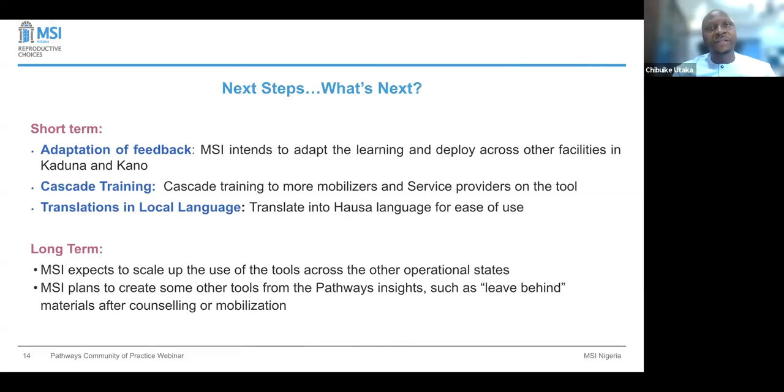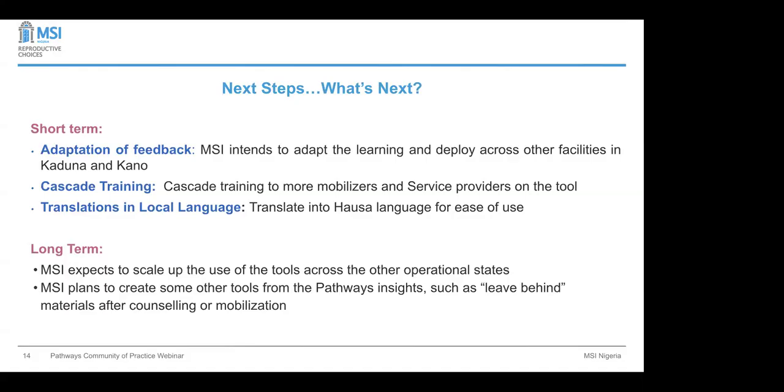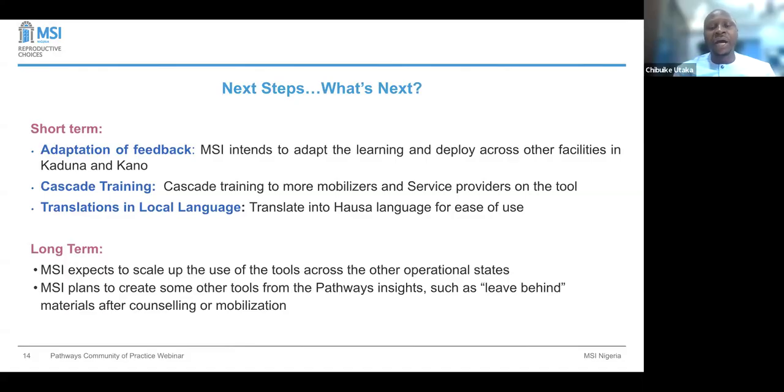For instance, you visit a service provider after counseling, they could give you a small leaflet, a small flyer to go with. We are planning to adapt some of the pathways data messages into that kind of material to also help in our service provision as well as our community mobilization activities.